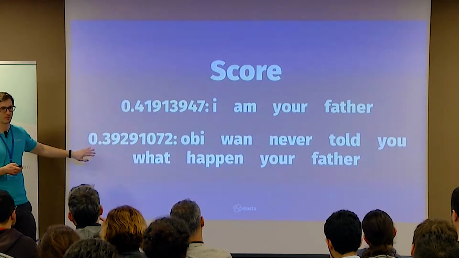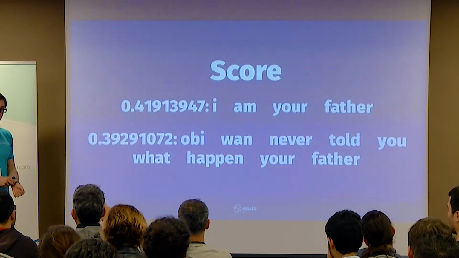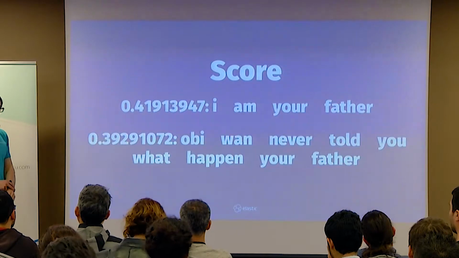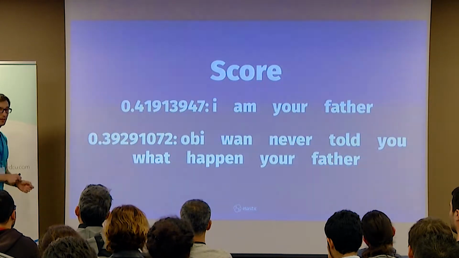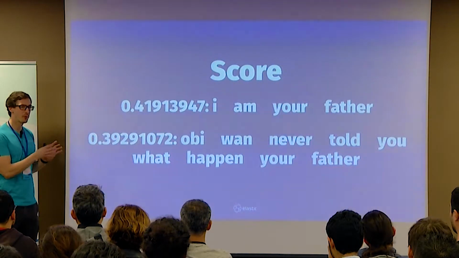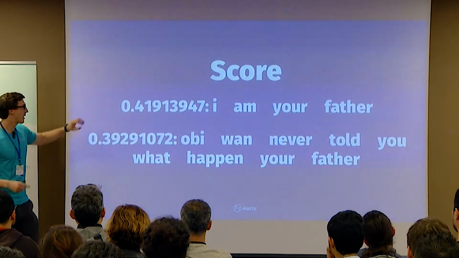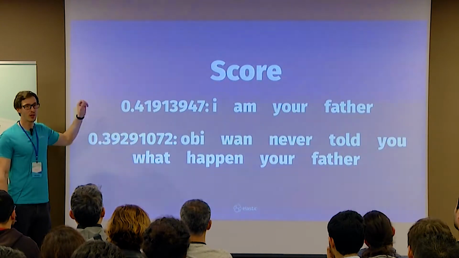Are these scores out of 1? Sorry? Are these scores measured out of 1? No, this is not out of one. It can be higher than one. So also do not compare the scores between different queries because it's probably not comparable. Since you have the inverse document frequency, it really depends on the fields.